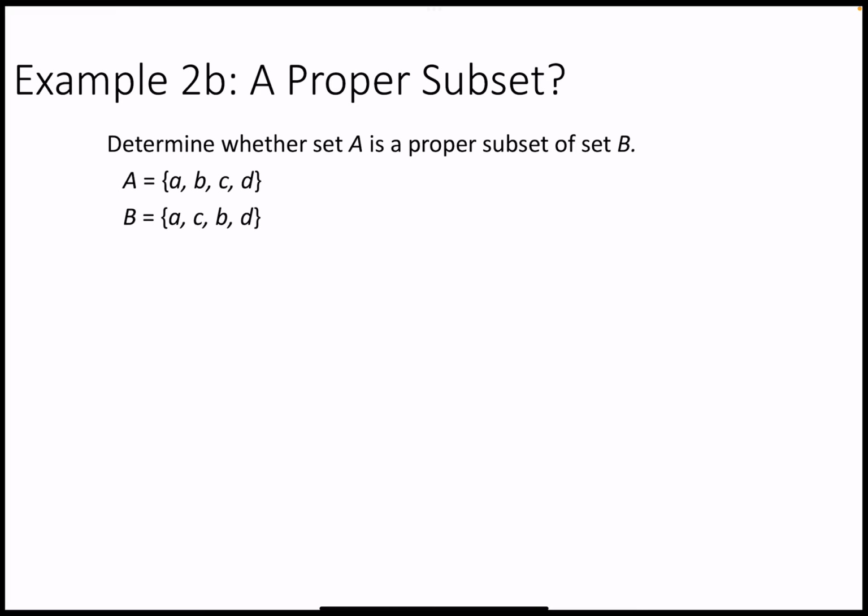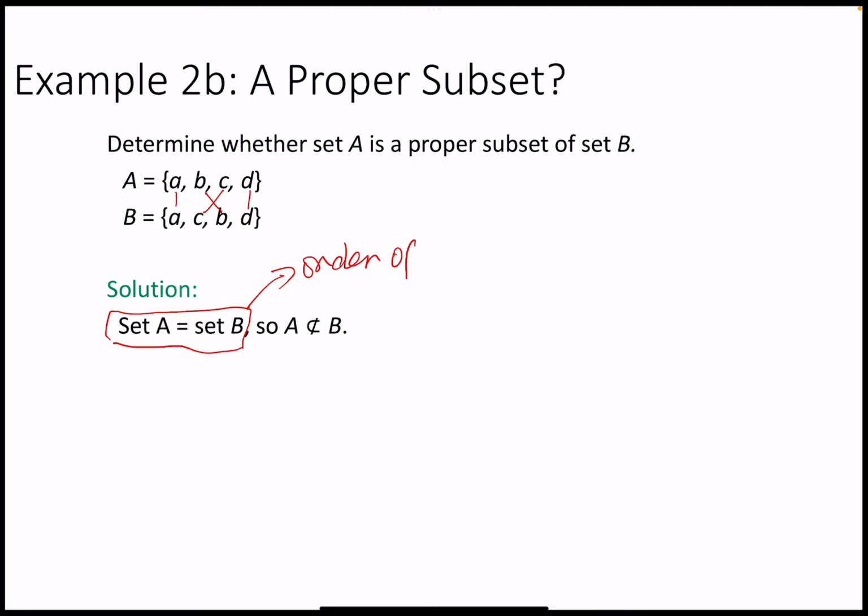Let's say, again, this example: A equals {a, b, c, d}, B equals {a, c, b, d}. Is A a proper subset of set B? Notice that in this case, set A actually equals set B. You can look at this and notice order of elements does not matter.